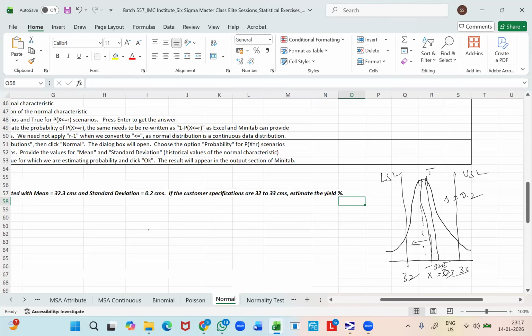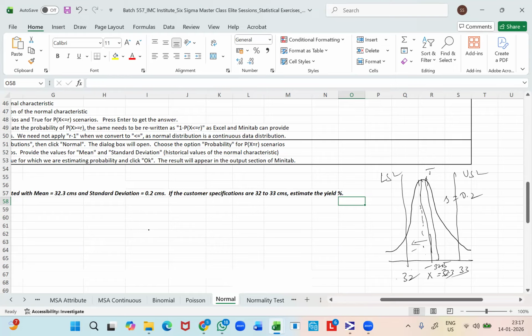You can also calculate the distance between mean and LSL and between mean and USL. Whichever side the distance is less, the mean is tilting towards that side. Here the distance between mean and LSL will definitely be less than the distance between mean and USL, so the mean is tilting towards the LSL side.